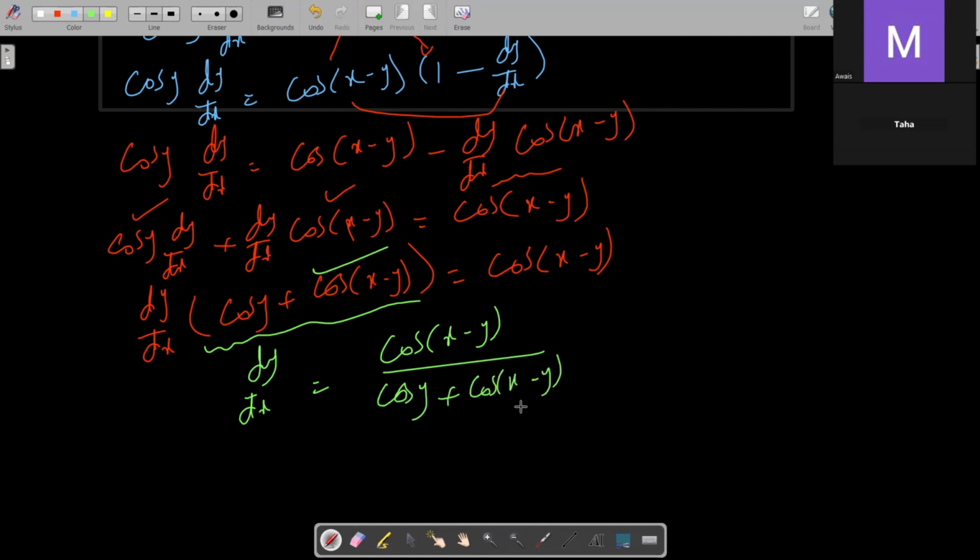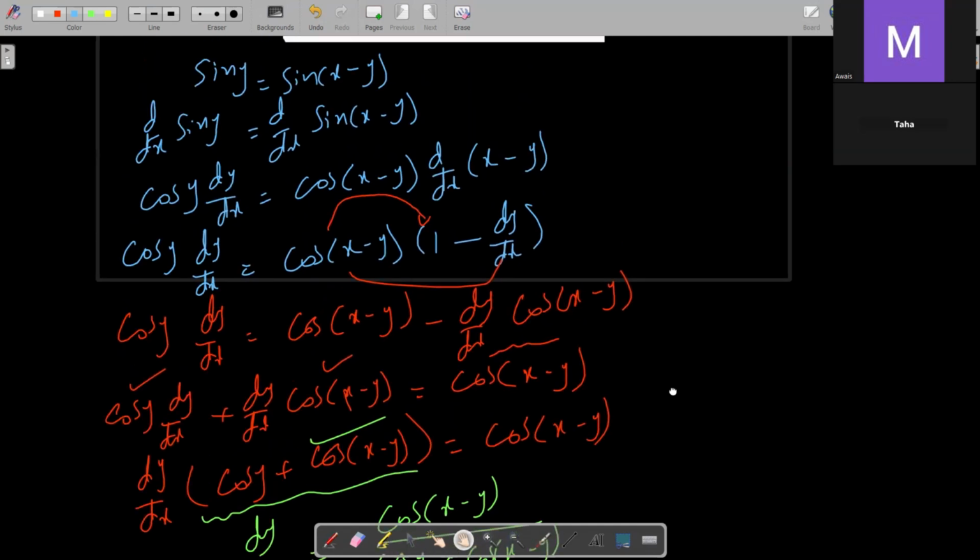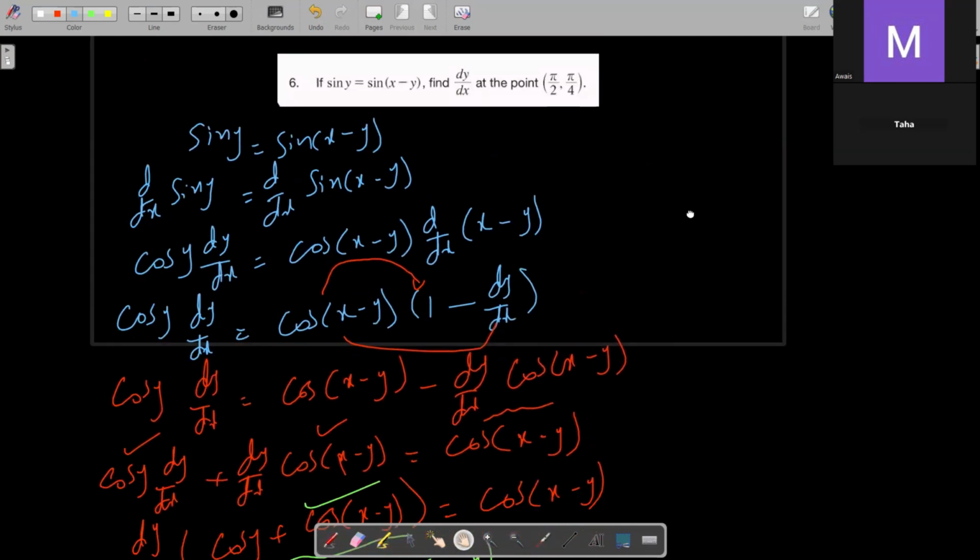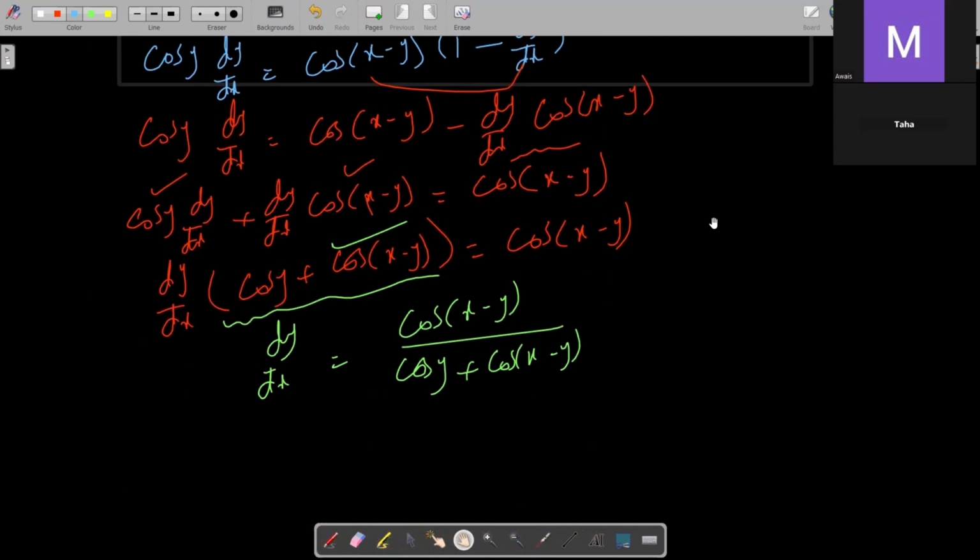That's the derivative. But we have to find the derivative at a specific point. And the point was, I think, pi over 2, pi over 4. The point is pi over 2, comma pi over 4, right? So you can just plug in.